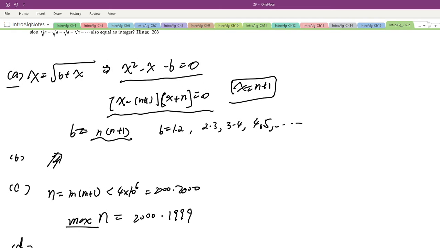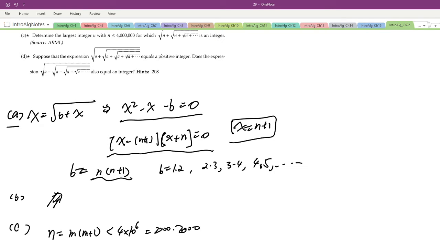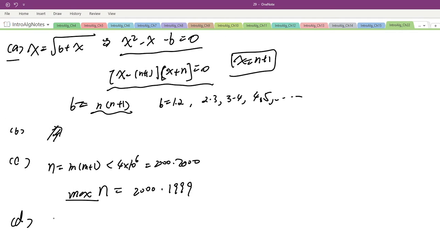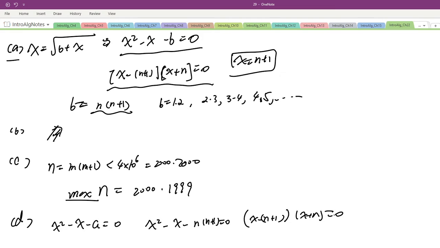And for part D, if this is equal to a positive integer, then this one also equals an integer. Let's see. We have x squared minus x minus a equal to 0, so x squared minus x minus n times n plus 1 equals 0. We can factorize it as x minus n plus 1 and x plus n equals 0. This is the first case.